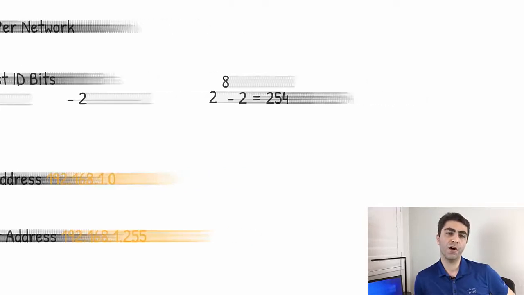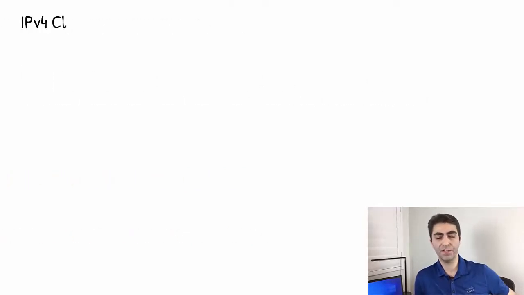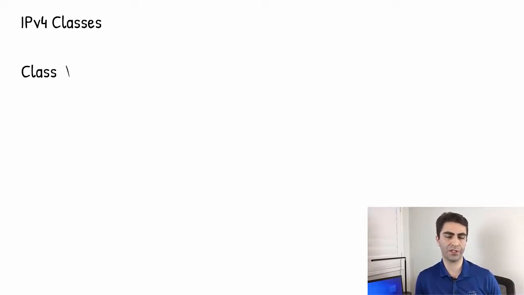IPv4 has got 5 different classes, and this is the first octet that determines the class of our IP address.